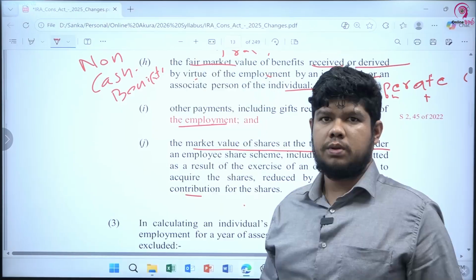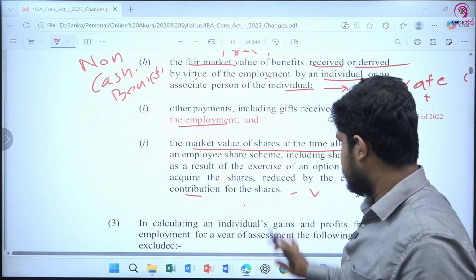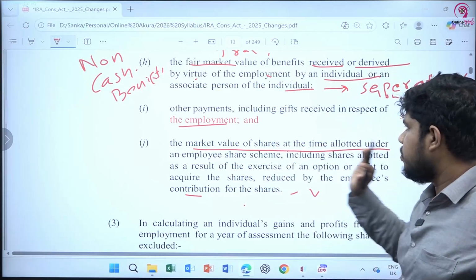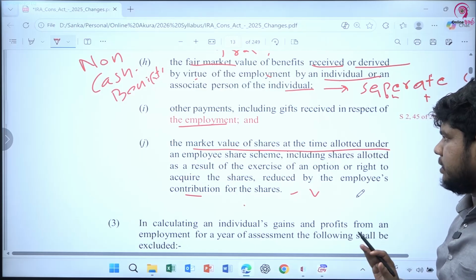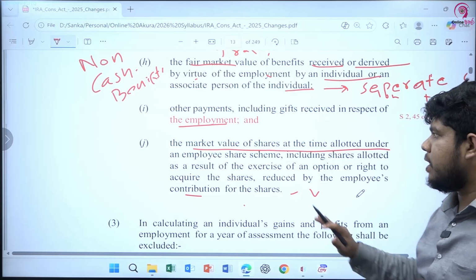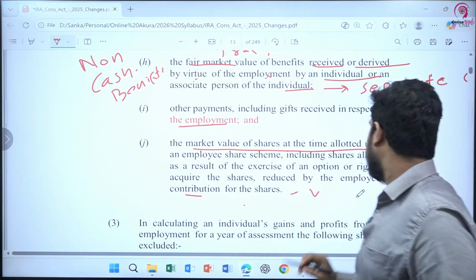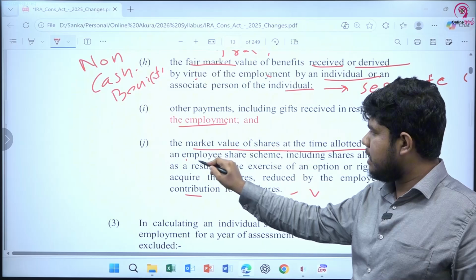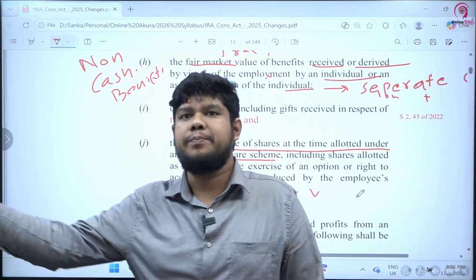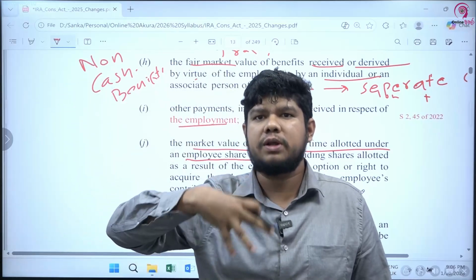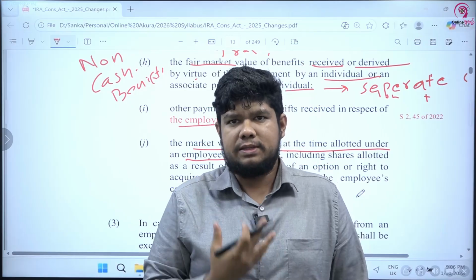So students, now carefully listen to me. We will explain this. The market value of shares at the time of allotment under an employee share scheme. You know that there are employee share-based schemes where employees are provided with their own company's shares. They are working in a company, let's say Haley's.